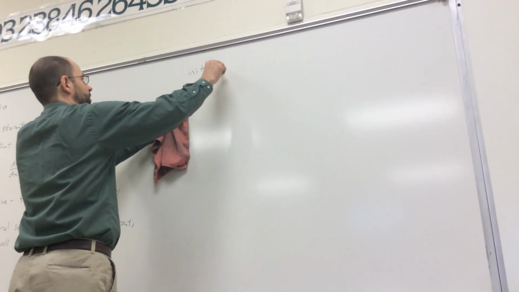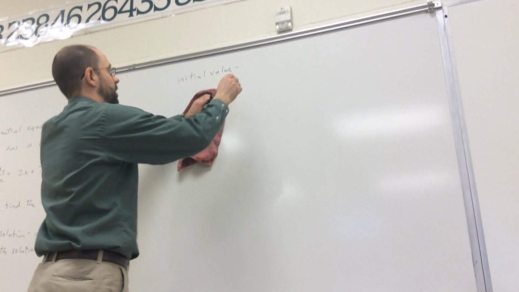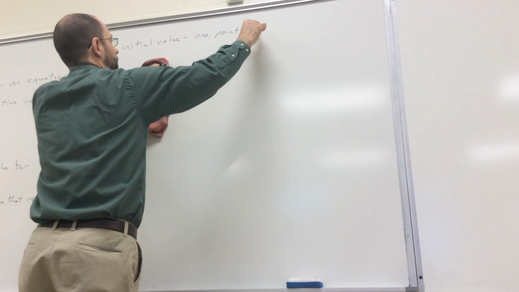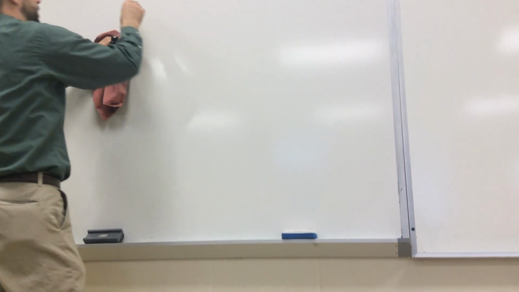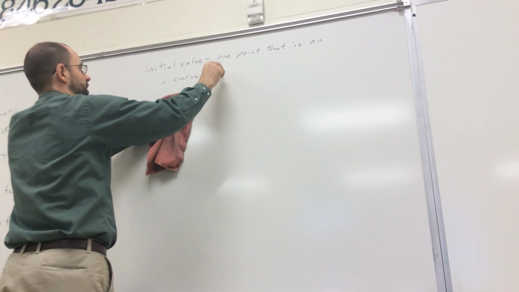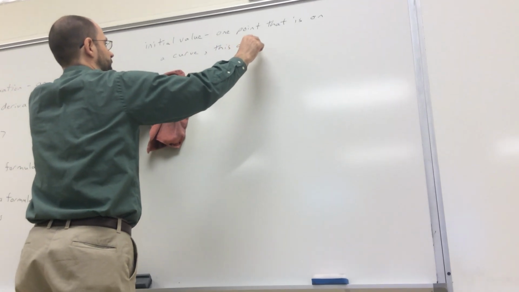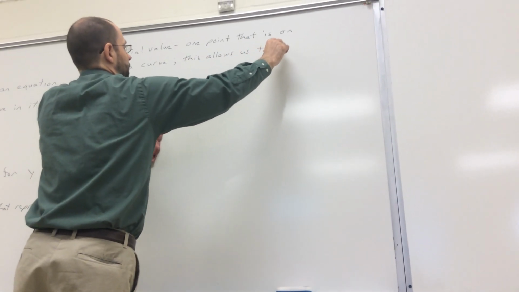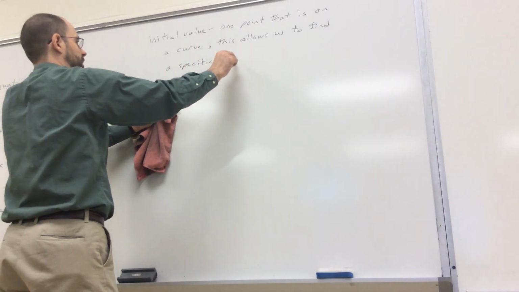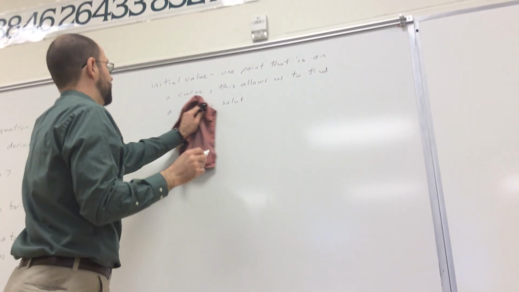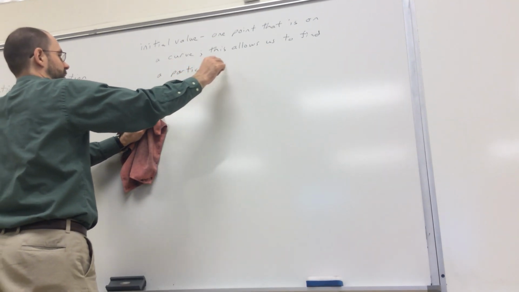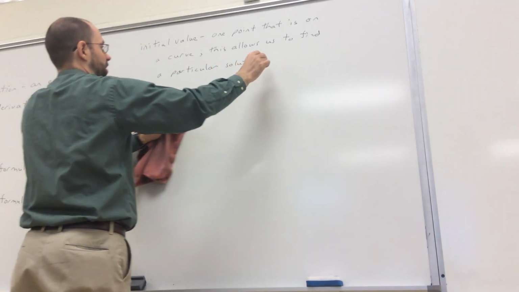So the initial value is one point that is on a curve, and this allows us to find a particular solution. Instead of saying specific, I want to say a particular solution instead of a general solution.